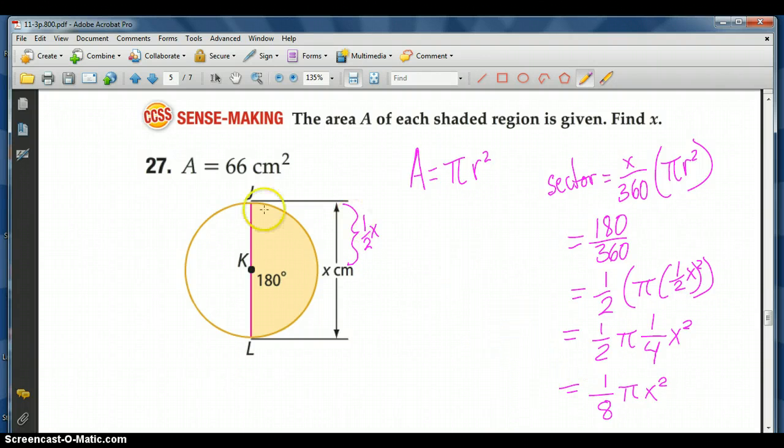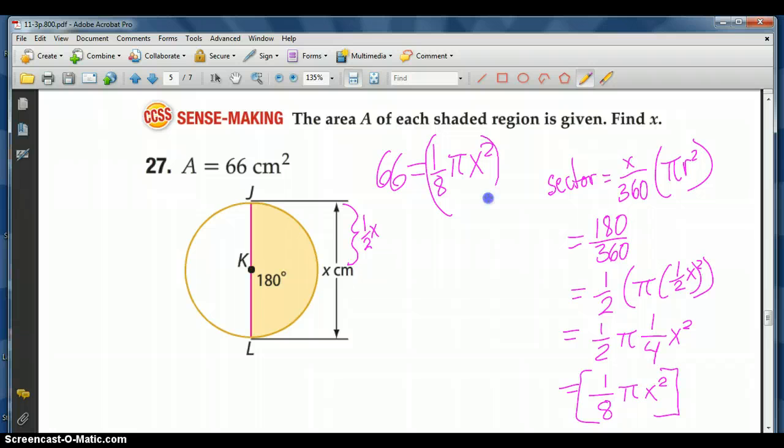Okay, so if the area of the sector is 66 square centimeters, and we have this expression that the area of the sector is 1/8 pi x squared, and to solve for x, we would multiply both sides by 8. We get 528 is equal to pi x squared.